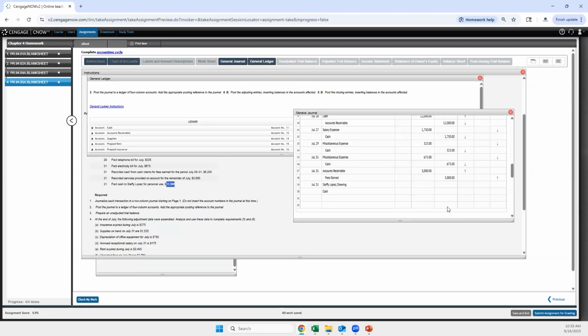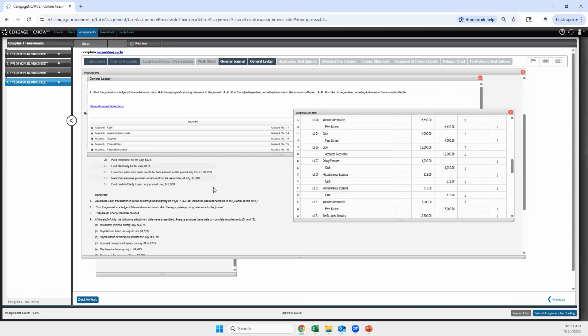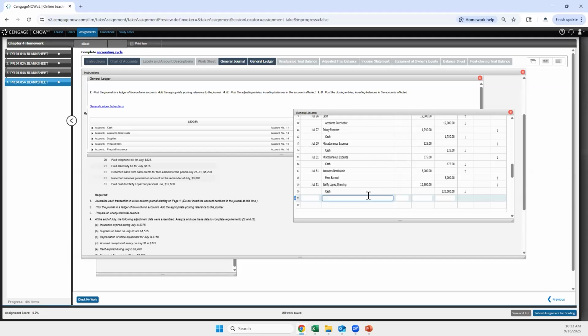Let's see, and it looks like we have two extra lines. I'm just going to make sure that we didn't miss any journal entries. Oh, we missed receiving cash from clients on account. So let me fix that right here. I'm just going to move everything down to here.